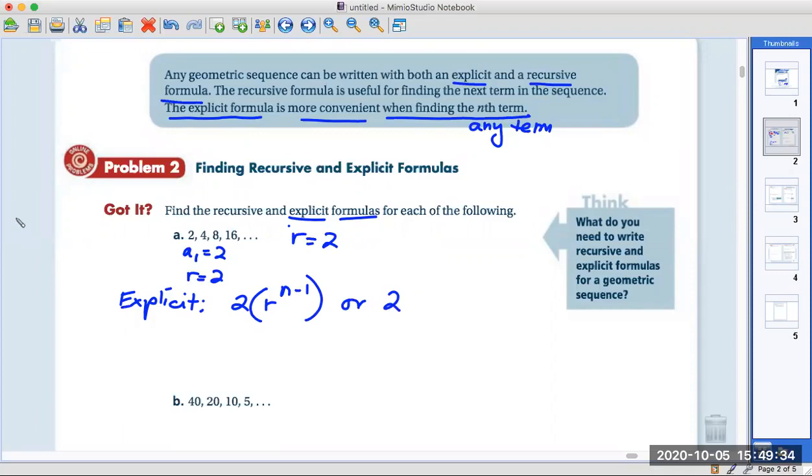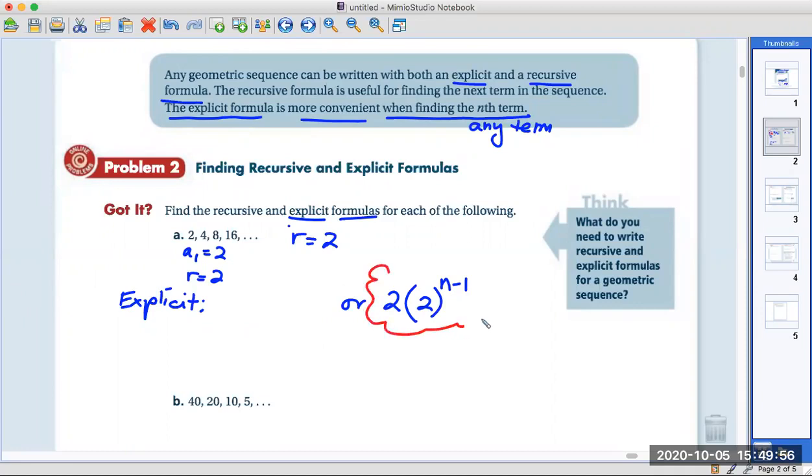Oh, by the way, r is 2 also. Or you can write 2 times 2, close the parentheses. I like this one actually better. I'm just going to start doing that instead of this, but they are the same. Okay, so this is the explicit formula.